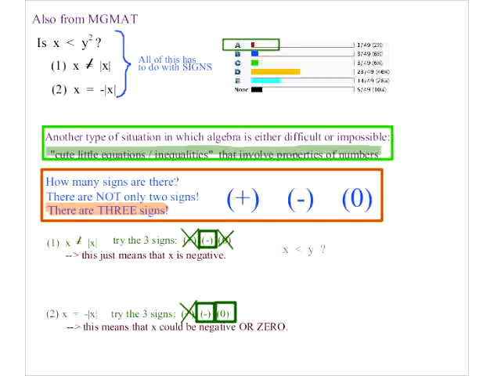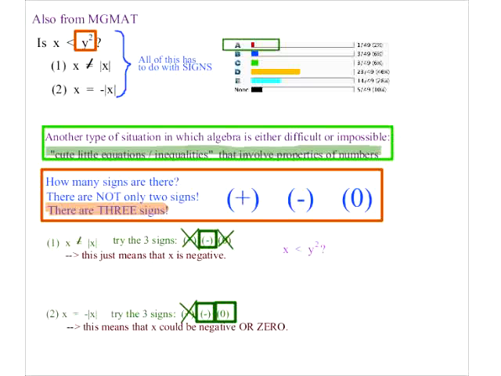Some of you guys are still typing it has to be positive. It's not true. I mean, remember there are three signs. This is not a joke. If you ignore the fact that y squared could be 0, you're going to get burned a lot. So we know that y squared could be 0 or positive. It does not have to be positive. It is really, really important.